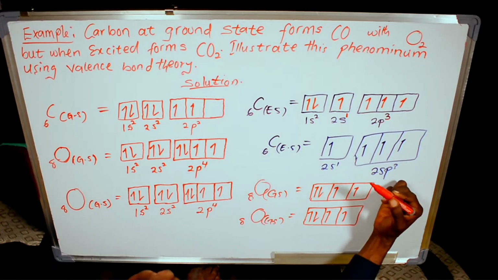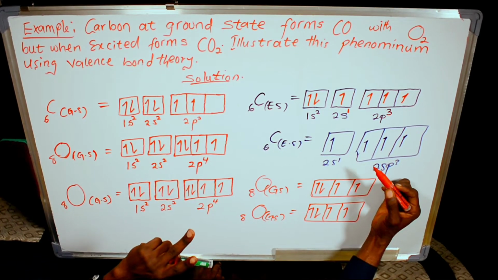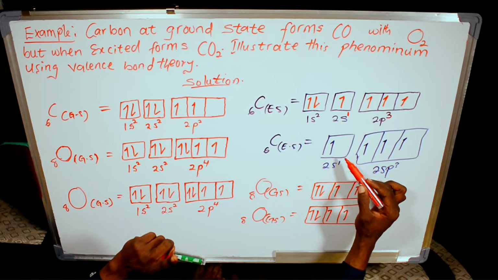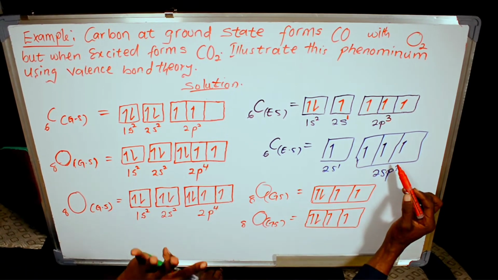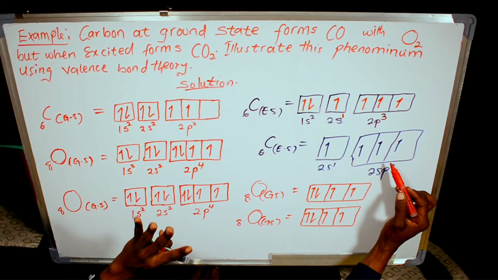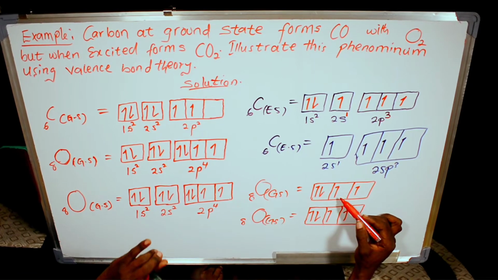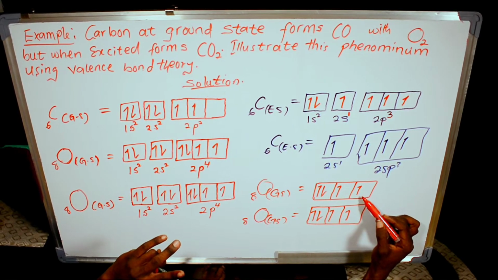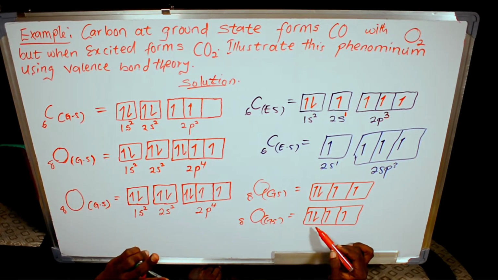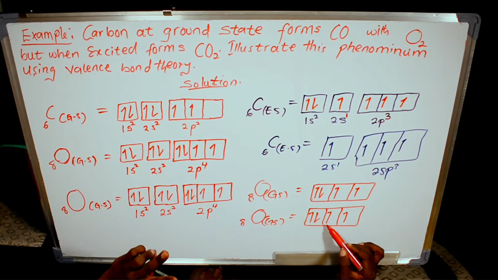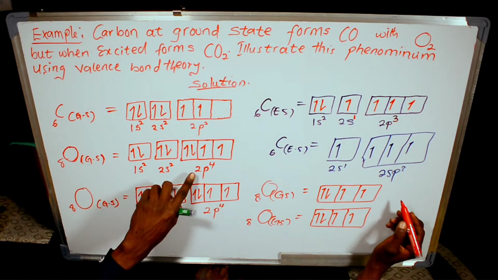So now we can see this excited carbon contains single electrons 1, 2, 3 and 4. That means this excited carbon needs 4 electrons to complete its octet. Here the oxygen has 2 single electrons in its boxes. It needs 2 electrons. The other oxygen also contains 2 single electrons, so it needs 2 electrons.